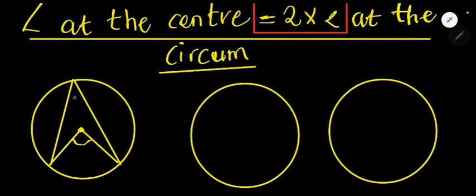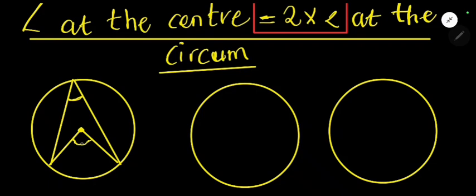So the one at the circumference is this one. Meaning the angle at the center is twice the one at the circumference. If this angle here is 90, the one at the circumference is going to be half of it, which is half of 90, which is 45.